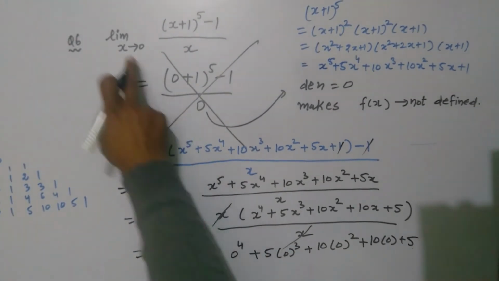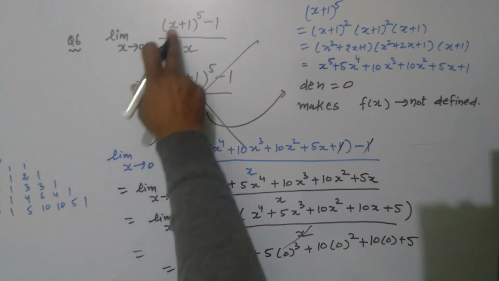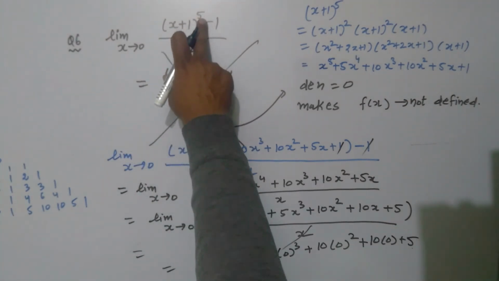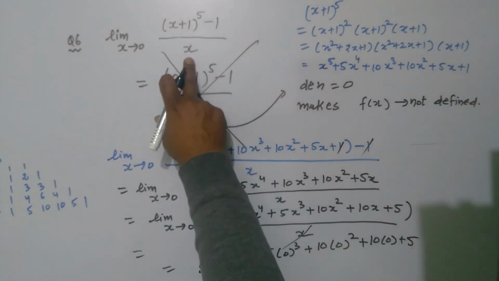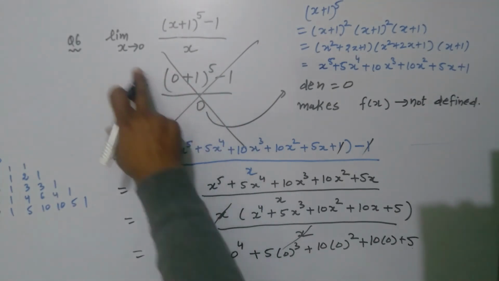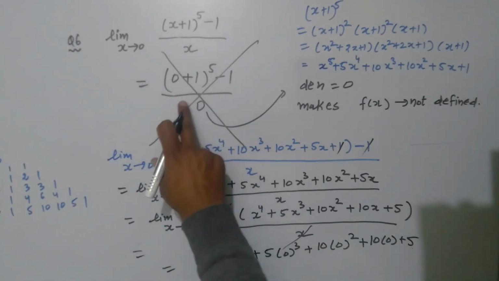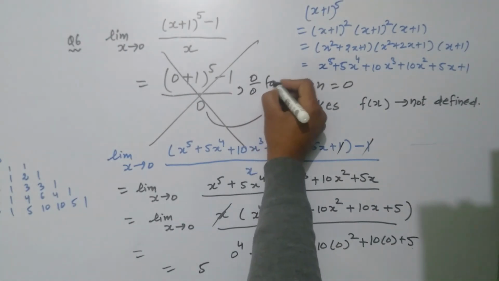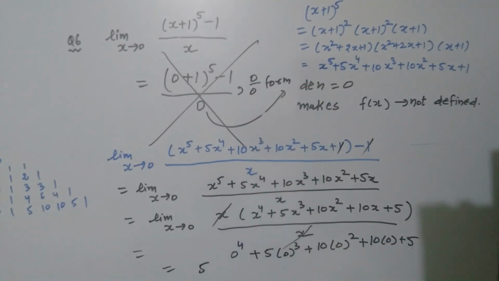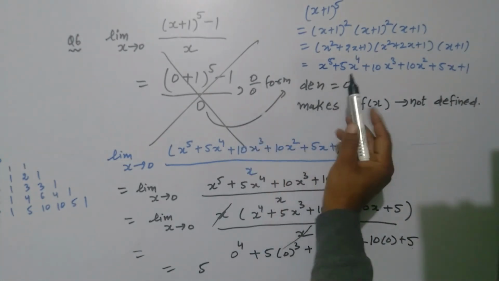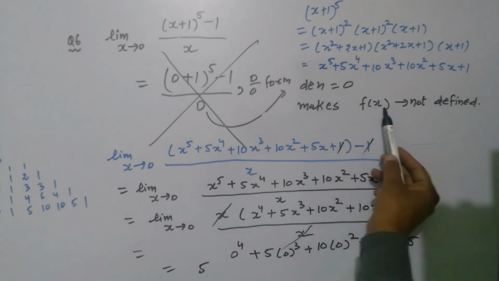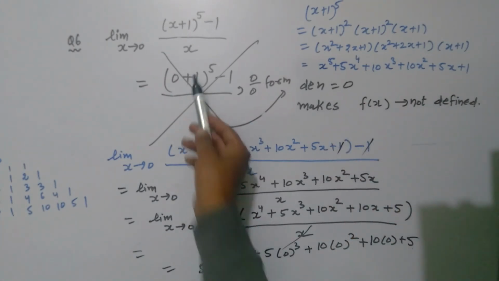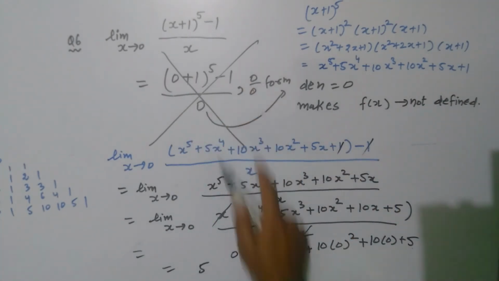So limit x approaches to 0, x plus 1 whole raised to power 5 minus 1 whole divide x. First of all, if we put directly equal to 0, then this becomes 0 upon 0 form. Okay, 0 upon 0 form, this means indeterminate form, or simply denominator is equal to 0 makes the function not defined, even numerator is also equal to 0.